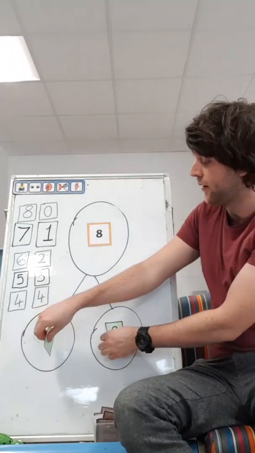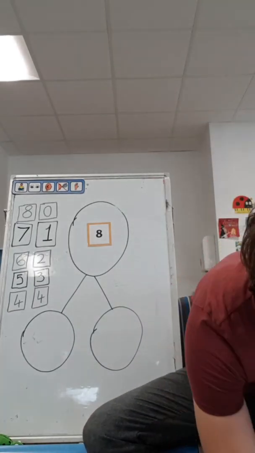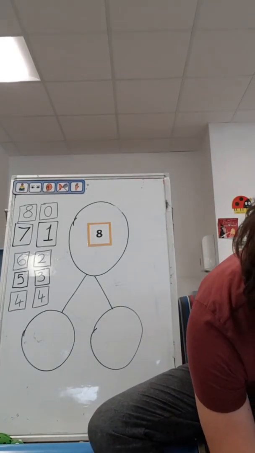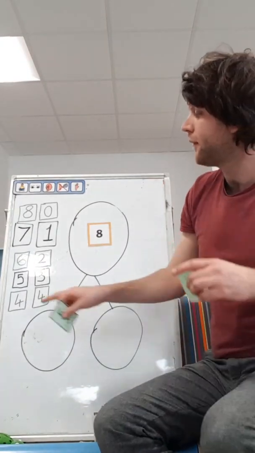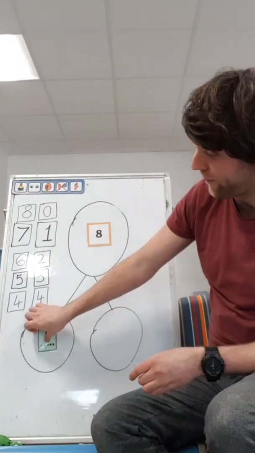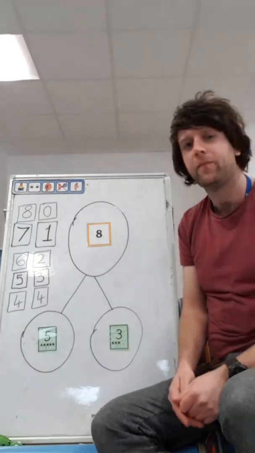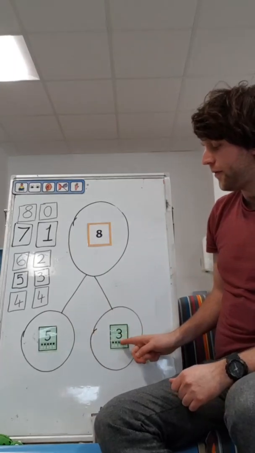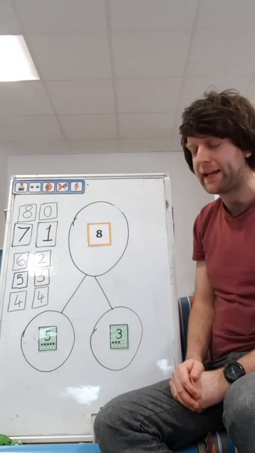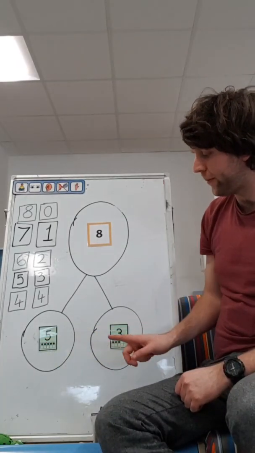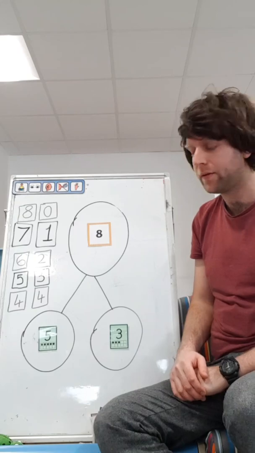Let's see. Does the same work with two other numbers? So we had 5 and 3 before, and we learnt that 5 and 3 together is the same as 8. 5 was a part, 3 was a part, 8 was the whole amount.